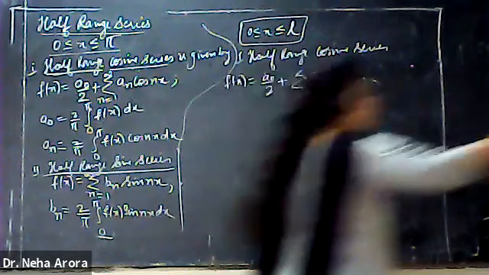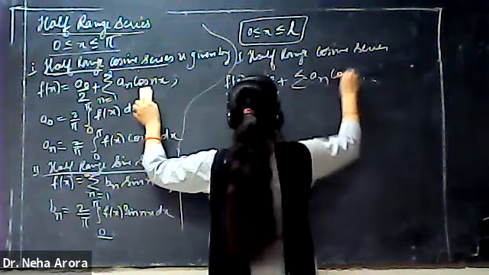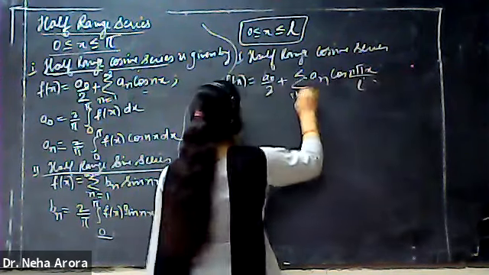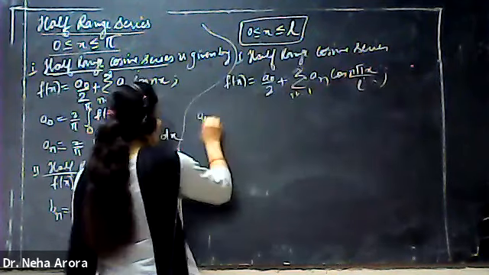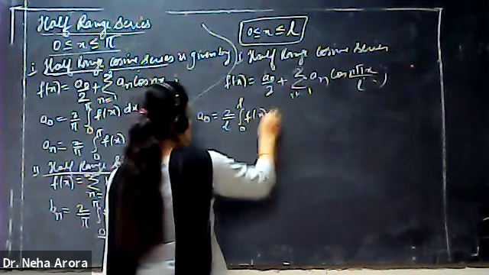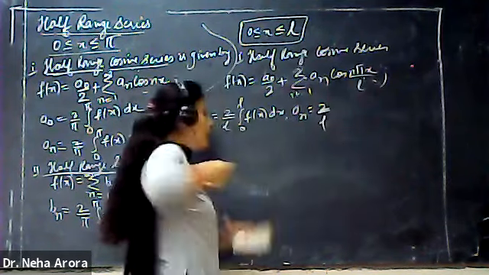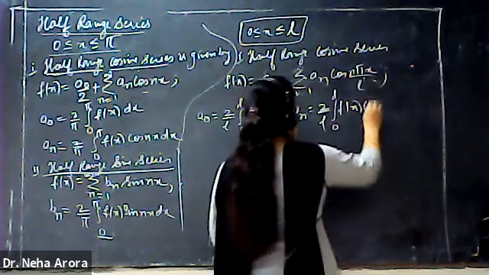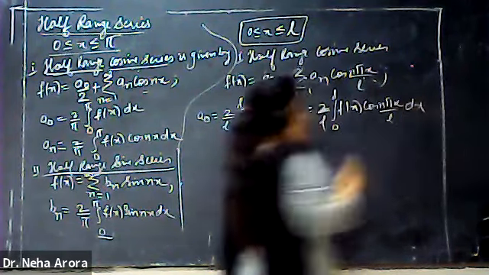But when we have the constant limit, instead of cos nx, what we write? cos n pi x upon L, where n varies from 1 to infinity. Further, a naught is given by 2 by L, integral 0 to L, f(x) dx, and a_n is 2 by L, integral 0 to L, f(x) into cos n pi x upon L dx, right?